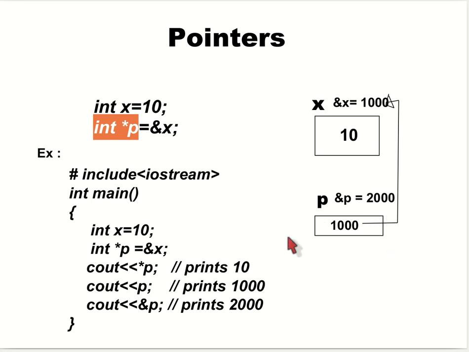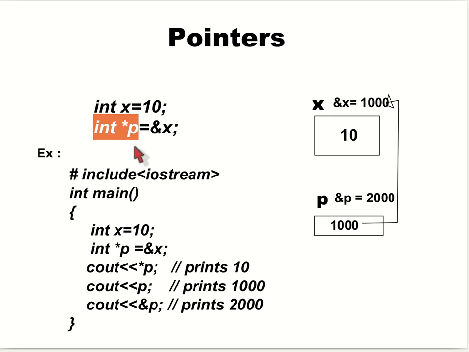Any pointer will have a memory location of integer size, because this pointer will always say what the address of a variable is. Whenever it is incremented or decremented, it will differ.